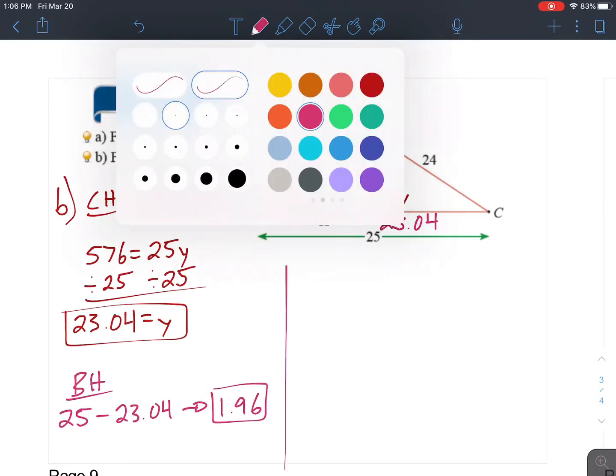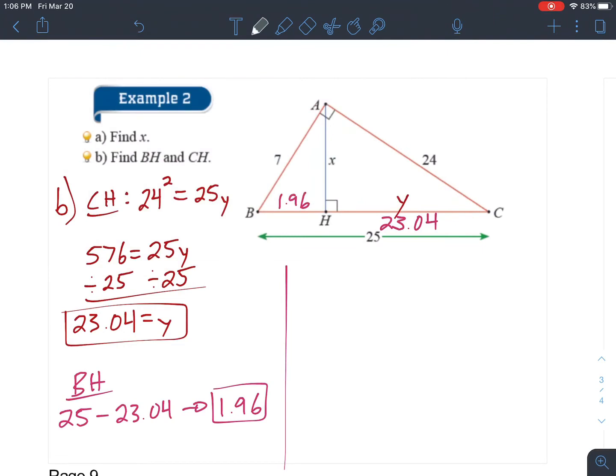And now that we have found that, we can go ahead and finish by getting x, because we can use the formula from earlier that we learned. It's going to be x squared equals, and then we're going to multiply these two values here that we just found, 1.96 times 23.04. X is going to be equal to the square root of that product.